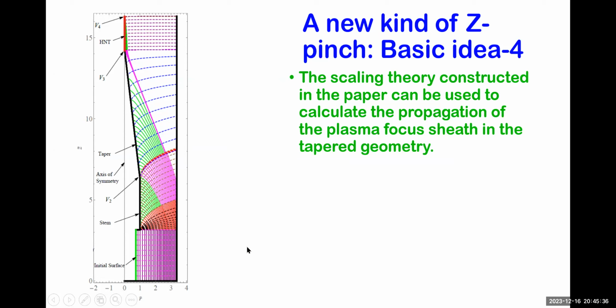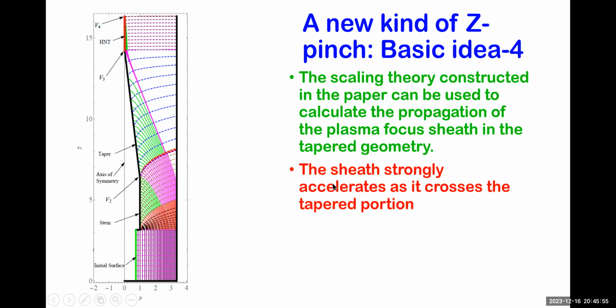They are the cross section of the surface of rotation, which is co-located with the plasma in the scaling theory. And what it shows is the propagation of that surface along the anode. The sheath is seen to strongly accelerate as it crosses the tapered portion. You see, the distance between the lines keeps on increasing as you go along the anode.